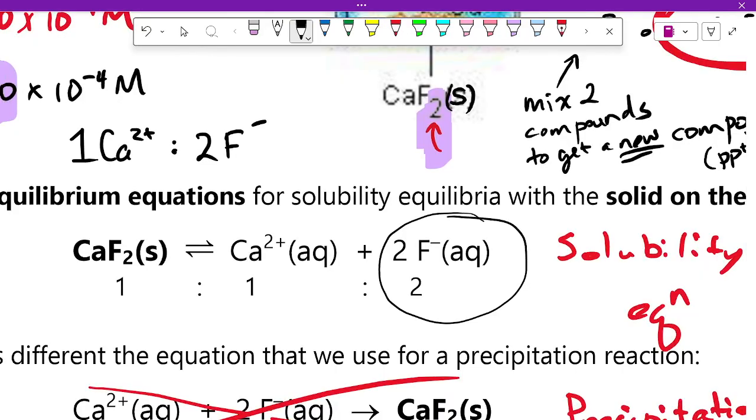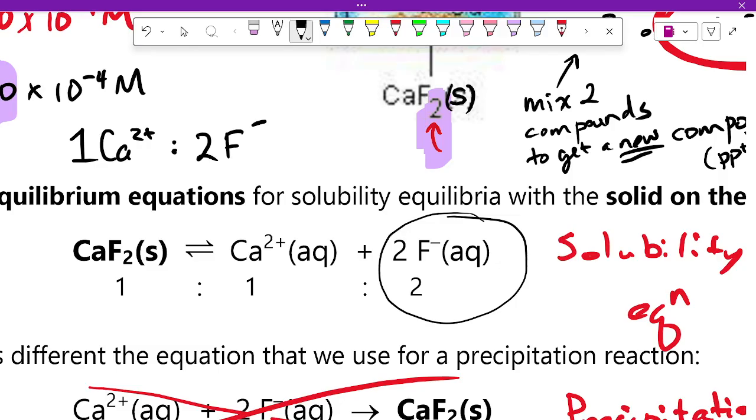Could I add enough calcium nitrate to make the fluoride precipitate? Could I add an excess of calcium? Yes. Otherwise, that quiz you wrote wouldn't work, would it?